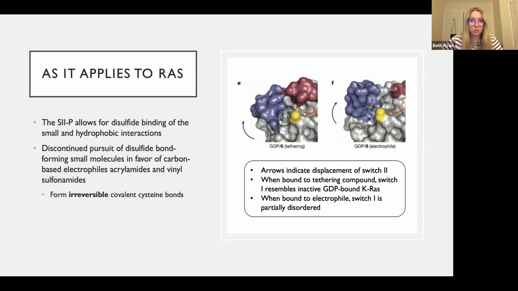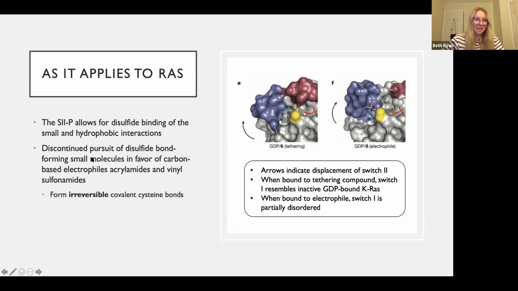So if you disorder switch 1 enough, it won't complex the metal ion as well. GTP won't be able to bind as easily, but GDP will be favored. Another reason for this is that glycine at position 60, which was key in keeping switch 1 in line, is no longer able to hydrogen bond with the gamma phosphate of GTP, which is why it prefers GDP over GTP. If you say that too much, they start sounding like the same thing.